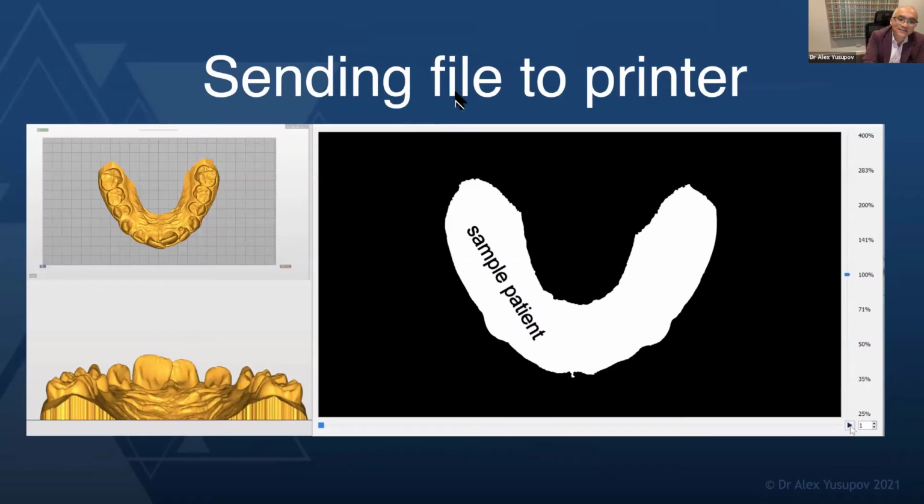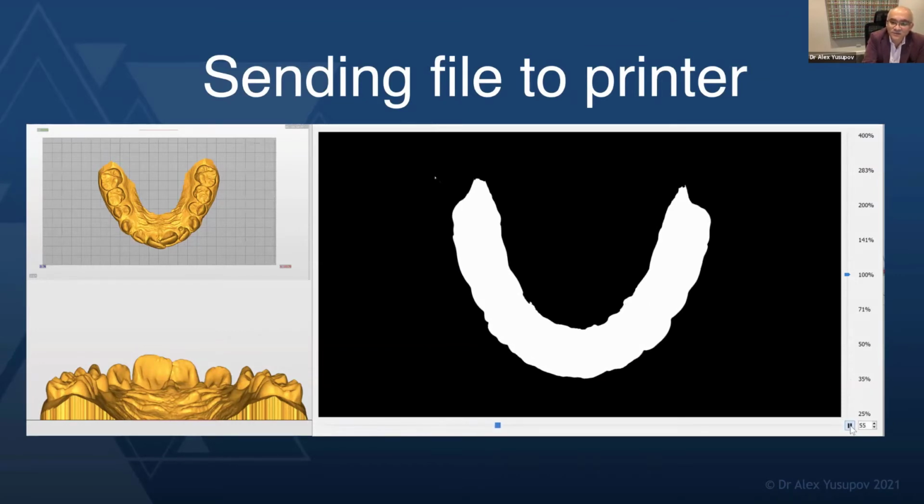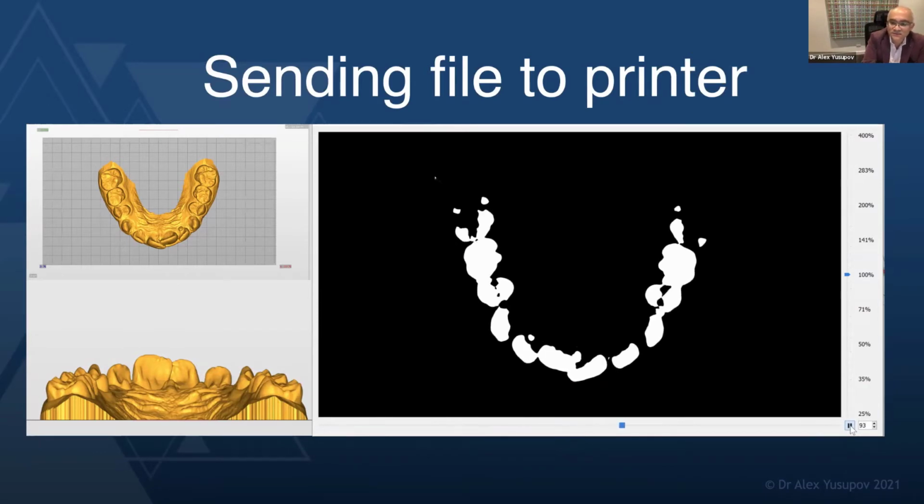When the model is being sent to the printer, basically the program that sends the model slices it into the thickness of each print, and those slices are then sent to the printer. And this is basically what the printer sees at every layer that it prints. It prints almost like a relief map of the print itself.